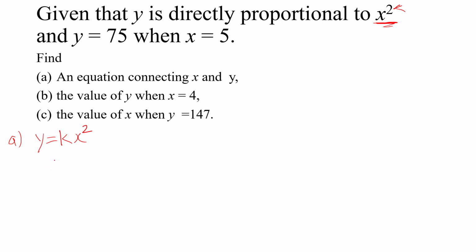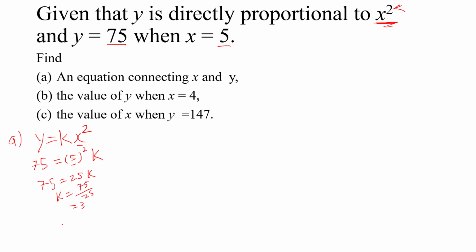So the rest is actually the same. Y is equal to 75, we just put in the substitution. x is 5, so 5 squared k. So look, the x I substitute with 5. Square is still here. So 75 is equal to 25k. K will just be equal to 75 over 25, which is equal to 3.